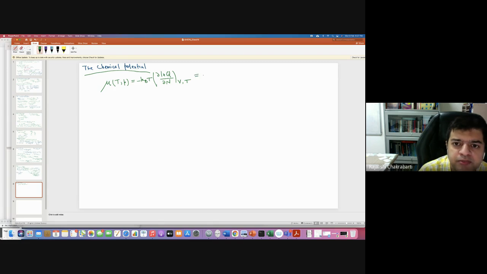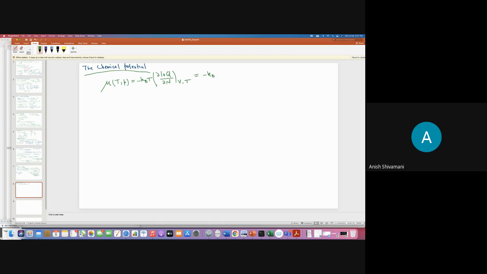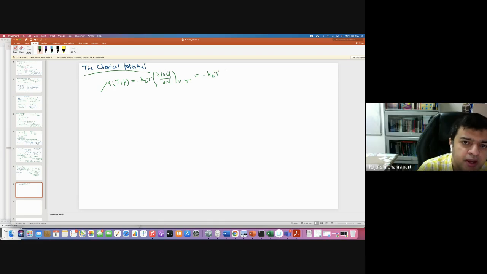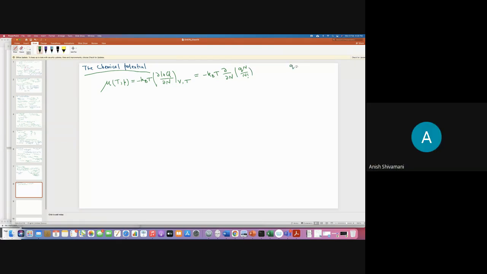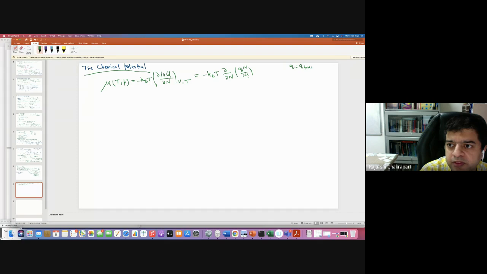Now what will be the next term? So minus kBT del/del n of, just look at it, this is your something like q to the power of n. In general, you have this, no? This is the structure. Your q is, log of q turns into q electronic.